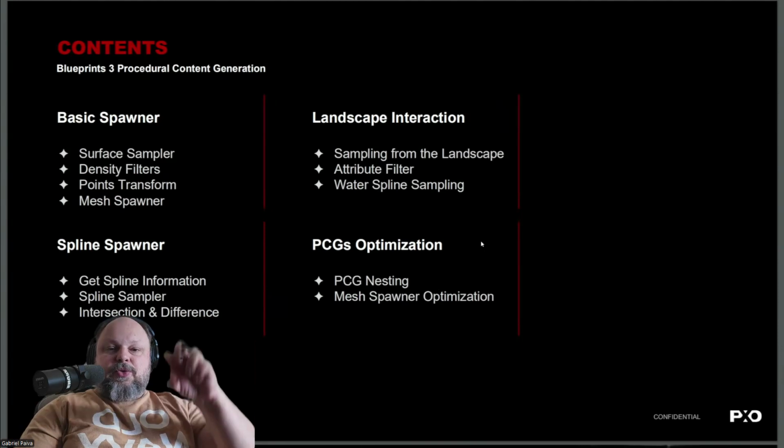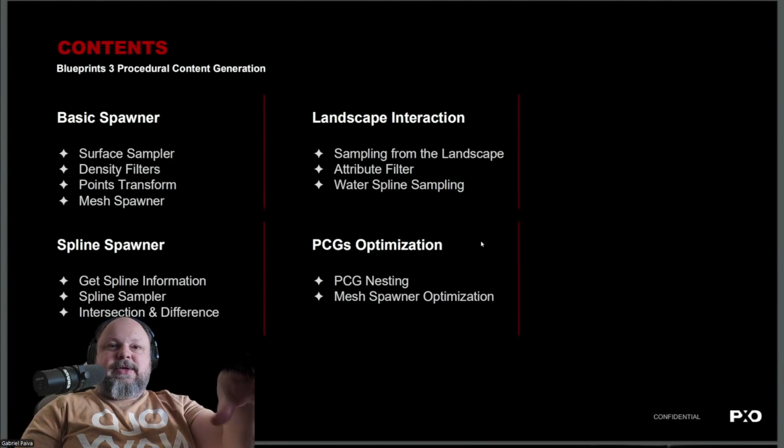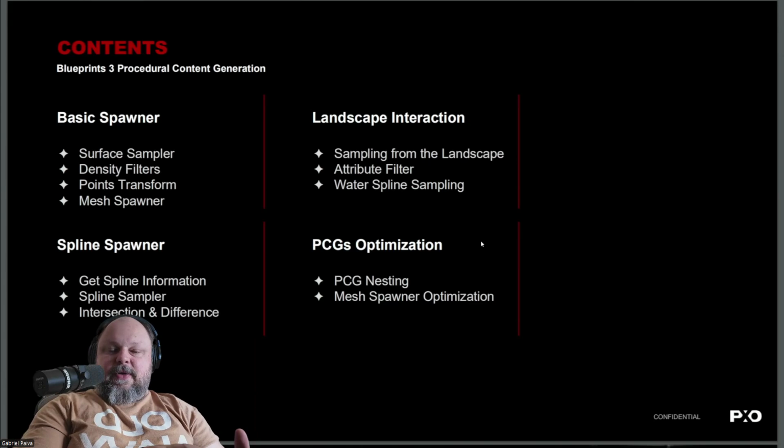It's going to be mostly that you drop the volume into your scene and then you assign the meshes that you want to be distributed around. And the other thing is going to be exposing some of the variables like density and the density filter, so you can tweak it from outside of the PCG editor.